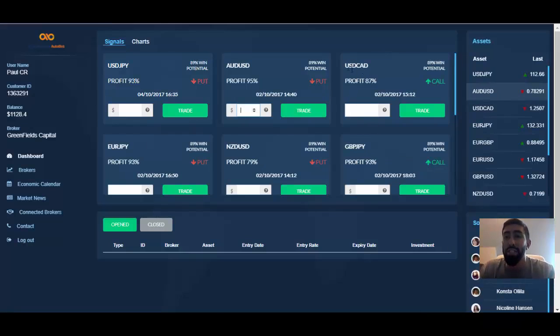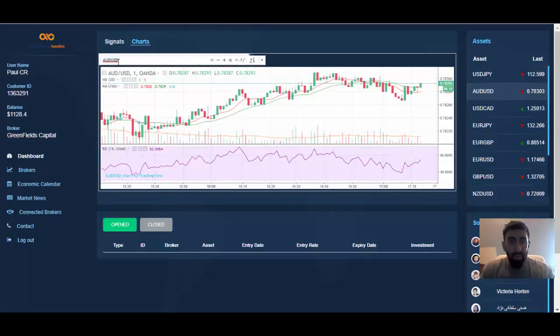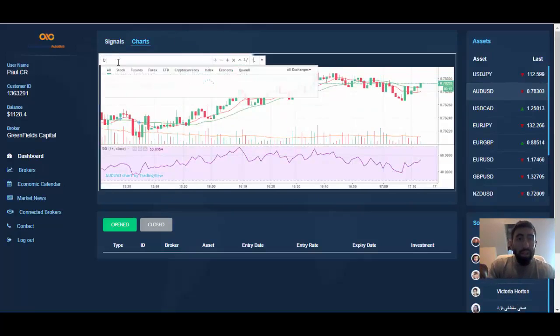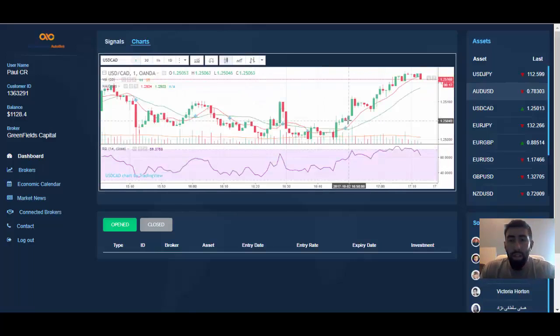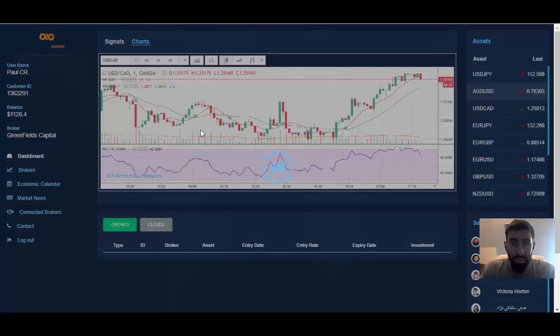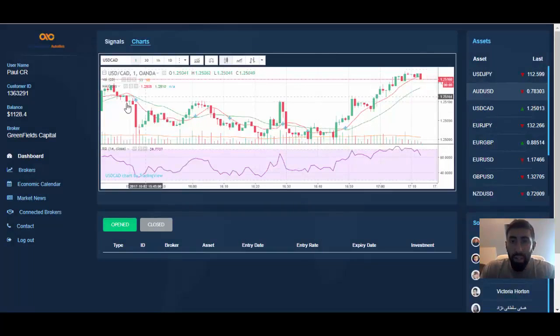Next trade we have here is a USD CAD for a call. So let's go to the charts here. USD CAD. All right, so looking at this, guys, you can see from the trend in the candlesticks how the price has shot up, and from the RSI, the price has gone up as well.